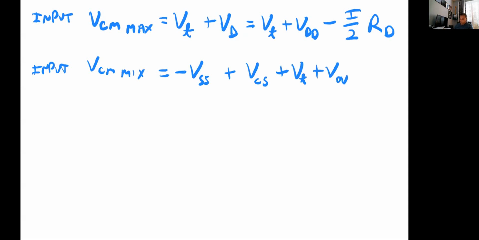So that is the minimum that we need to be in linear operation. So that gives us some sense of what's going on. Let's look at another figure before we continue, another figure that is important.